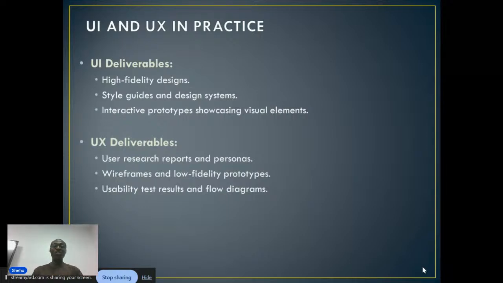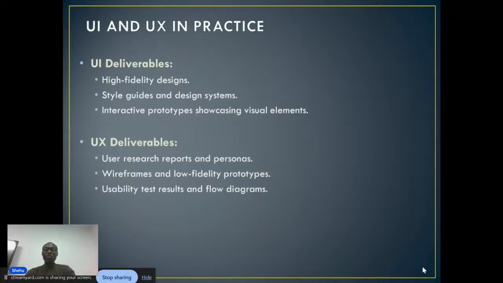So user interface and user experience in practice. What are the deliverables of a user interface? The first deliverable of user interface is high fidelity design, right? And then style guides and design systems. We have interactive prototypes showcasing visual elements. And then the deliverables of user experience are user research reports and personas.